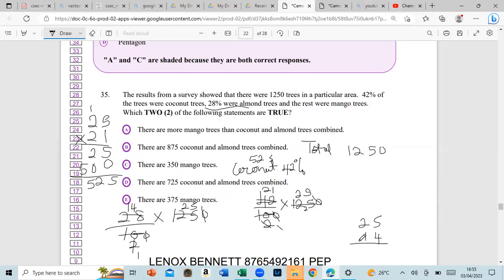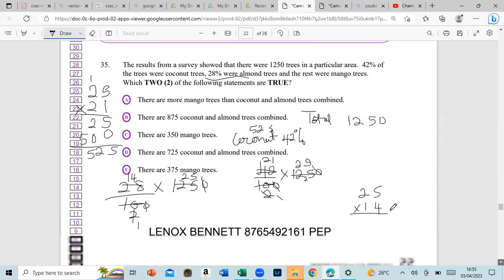There's an easier way I could do it: just multiply by 10, you get 250, and then 4 times this, so it should be 350. But let us do the long way that you guys are used to. I don't want to lose anyone or anything, all right? I'm catering for everyone. So 4 5s are 20, 4 2s are 8, and that 10.